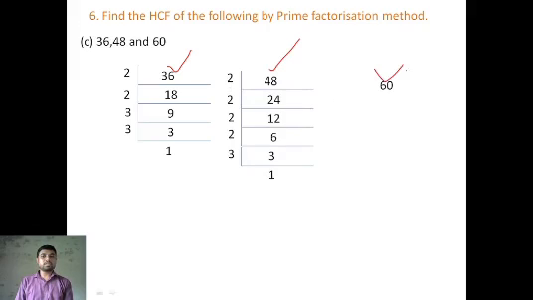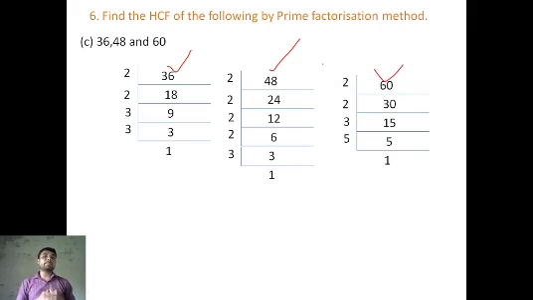Next for 60, by 2 first, by 2, then 3, by 5. Very easy. If you learn prime factorization, this is very easy for you, otherwise you cannot do it. Each and everything you have to learn. If you don't understand the previous, you cannot learn the next also.